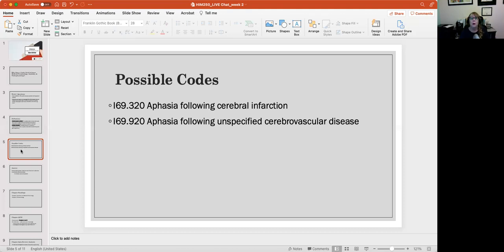Okay, but querying for missing information, ambiguous information, or contradictory information that you're finding in the documentation is actually written in the law. You are required to do this. It is a written part of your job. So there you go.